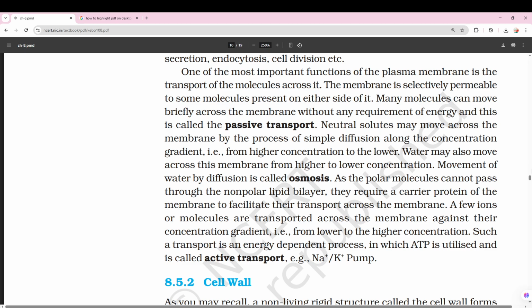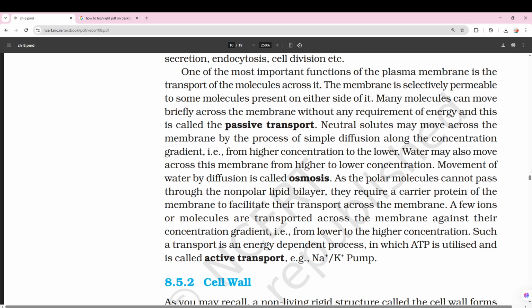Neutral solutes may move across the membrane by the process of simple diffusion along the concentration gradient from higher concentration to the lower. Water may also move across this membrane from higher to lower concentration. Movement of water by diffusion is called osmosis.